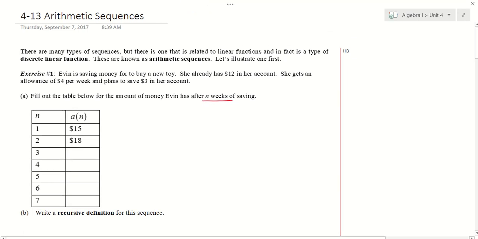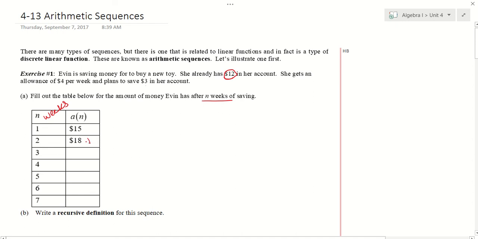So if you look here, N right here, this means weeks. So 1 week, 2 week, 3 week, 4 week. So in the first week, she has $12 already in her account, saves 3, that's where the 15 comes from. Then she saves another 3, 18. So think about this. If she saves another 3, what's going to be week 3?